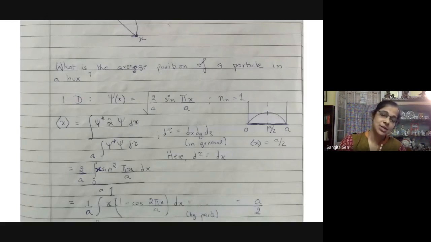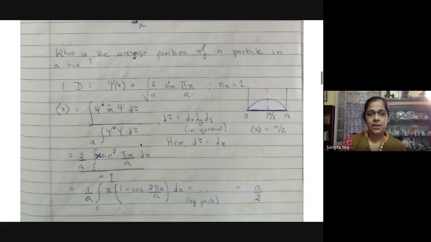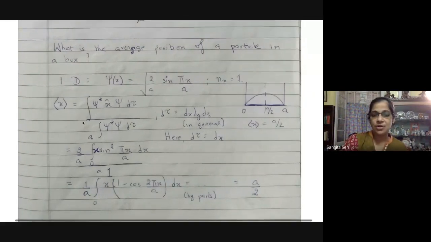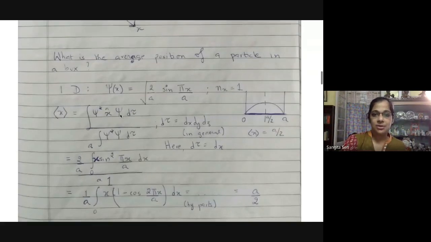If it is 3-dimensional, then dx dy dz. Okay, this is the volume element, and you divide by the overlap integral, which is simply psi star psi. In most cases, we will have taken normalized wave functions, so the denominator is simply 1 and you don't need to think about it. Okay.